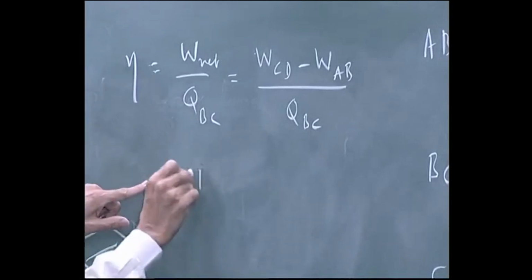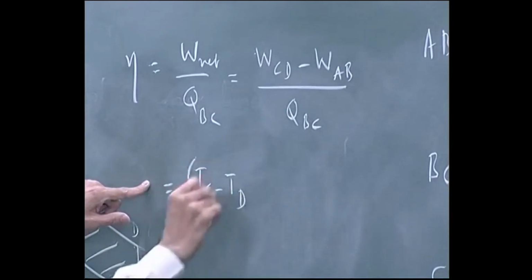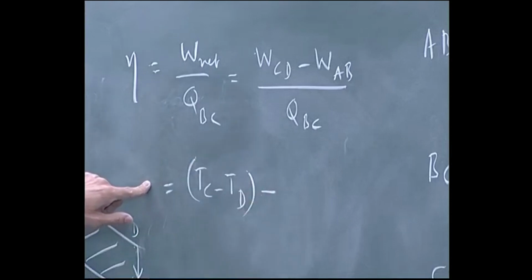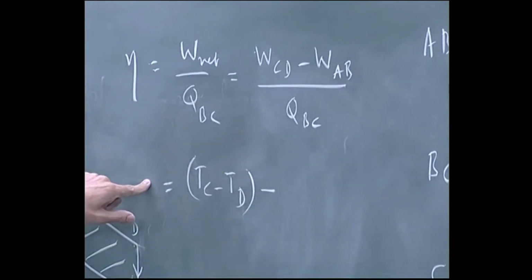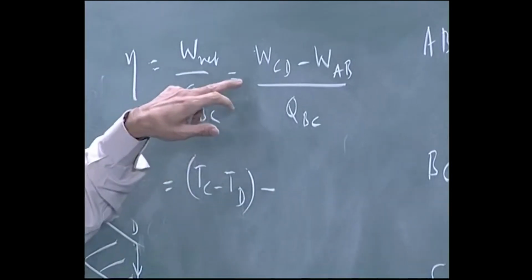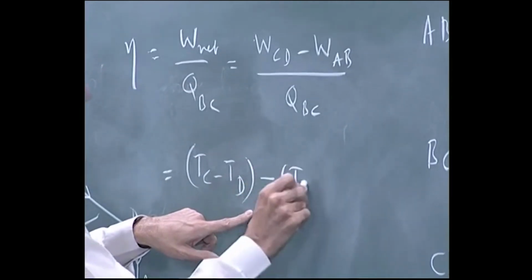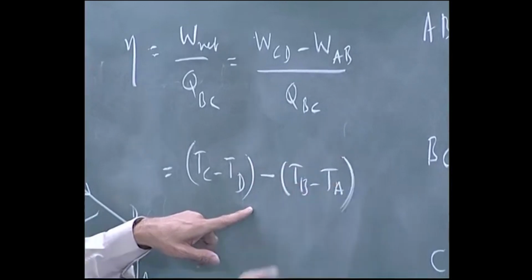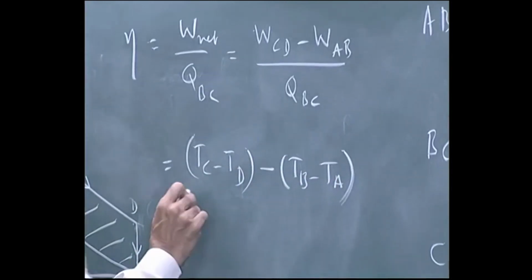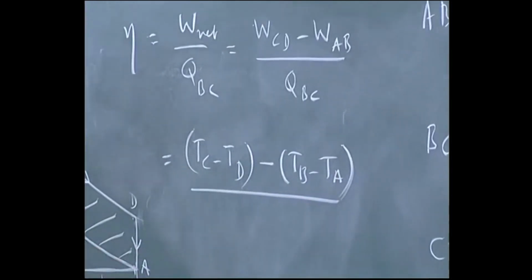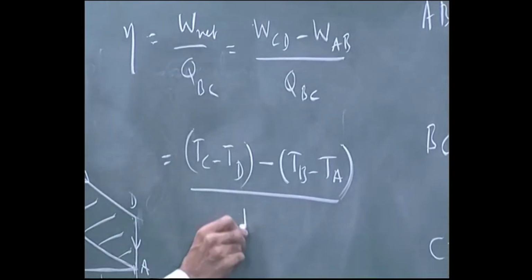So you get Tc minus Td minus, I have WAB, minus Tb minus Ta. I have taken the minus sign out by switching, divided by QBC is Tc minus Tb.